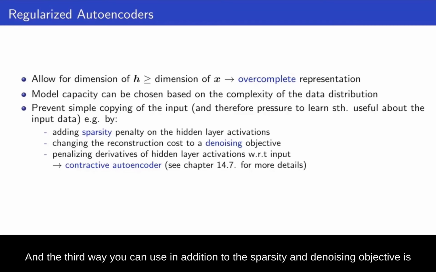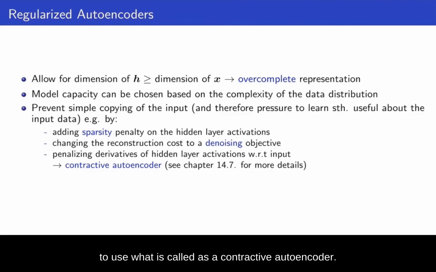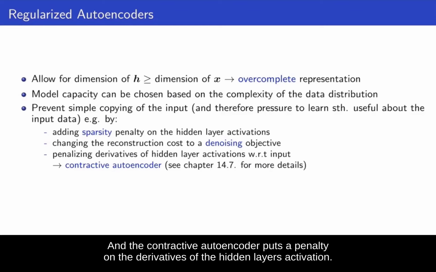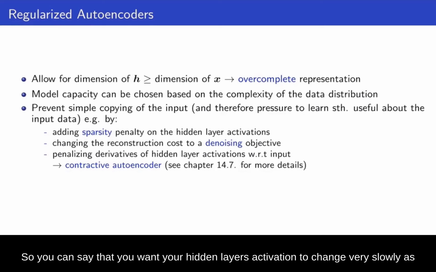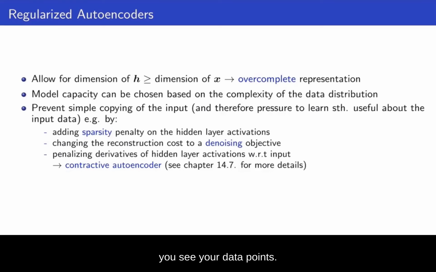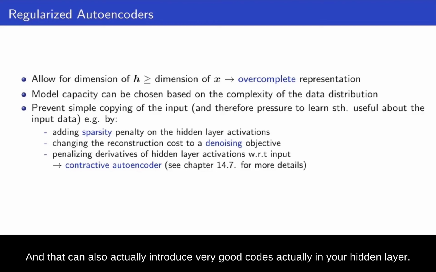And the third way you can use, in addition to the sparsity and the denoising objective, is what is called a contractive autoencoder. The contractive autoencoder puts a penalty on the derivatives of the hidden layer's activation. So you can say that you want your hidden layer's activation to change very slowly as you see your data points. And that can also introduce very good codes in your hidden layer.